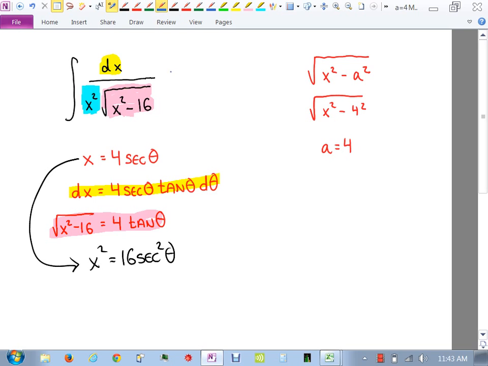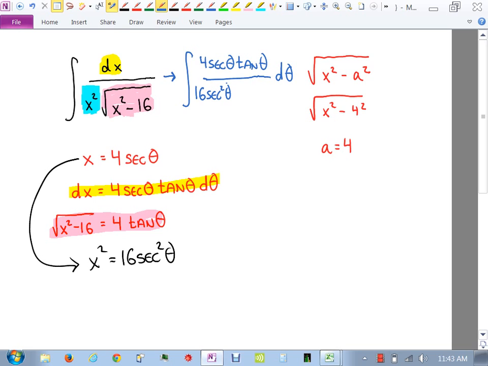So let's rewrite this integral. dx is 4 secant theta tangent theta d theta. I'm going to tack the d theta on the end. Over x squared, which is 16 secant squared theta.